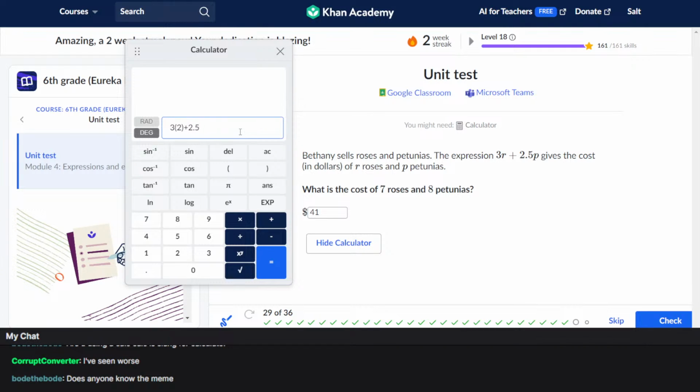2.5. Wait, what? Says, does anyone know the meme? Oh, I plugged this in wrong. Goddamn. 3, 7. Oh god. Plus 5.